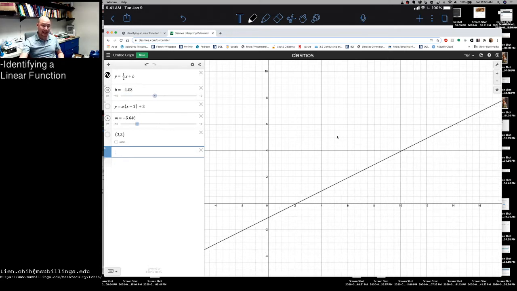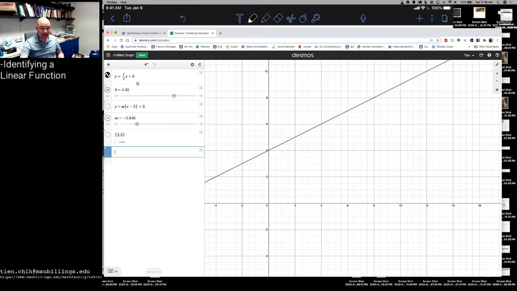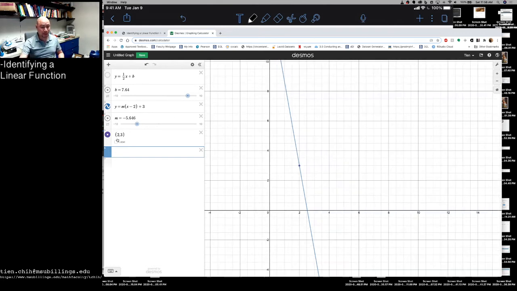On the other hand, if I want to look at lines that pass through the point, say (2, 3), if I'm just given a point, if I change the slope here, then that's going to change the line itself as well, right?